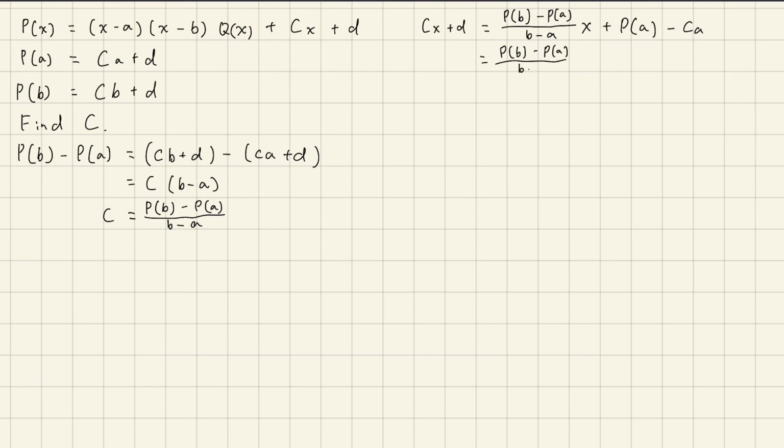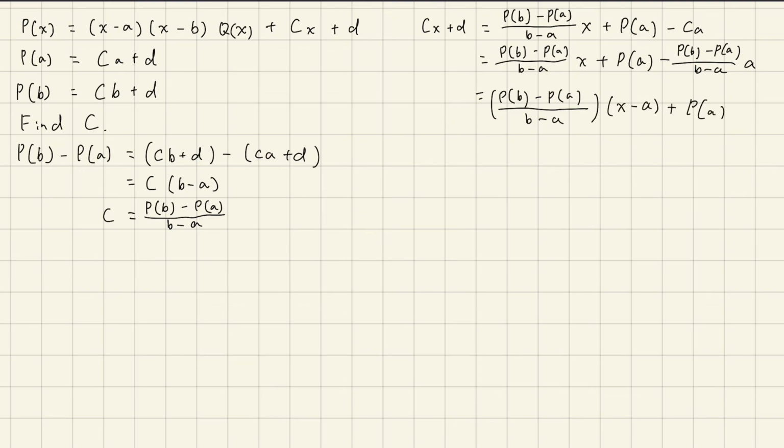Once we do this and simplify, and substitute c with p of b minus p of a over b minus a, we'll come out with p of b minus p of a over b minus a times x minus a plus p of a. Therefore, the remainder will be p of b minus p of a over b minus a times x minus a plus p of a.